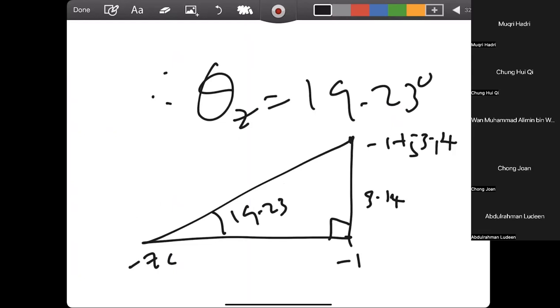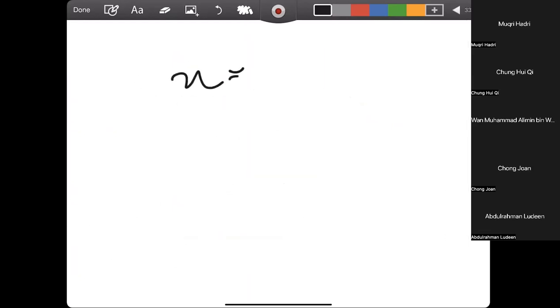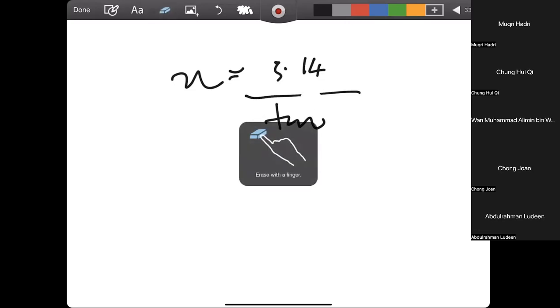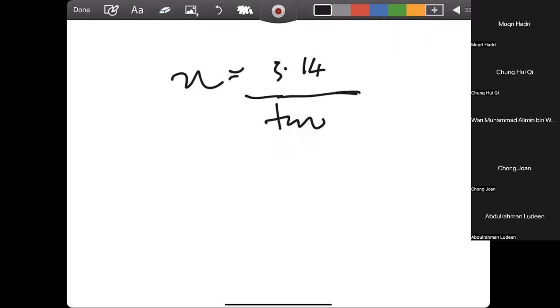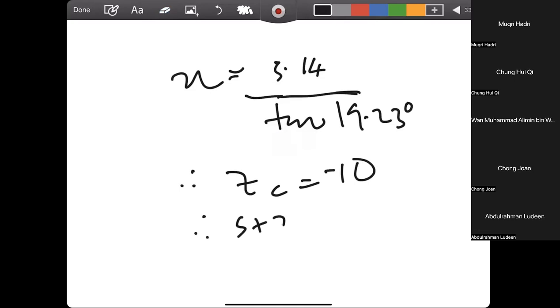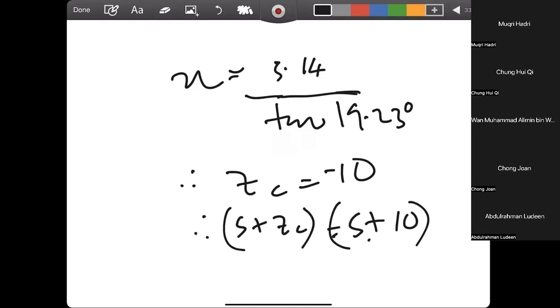So x is equal to 3.14 divided by tangent, so the x-axis equals 10. So that is the PD controller.